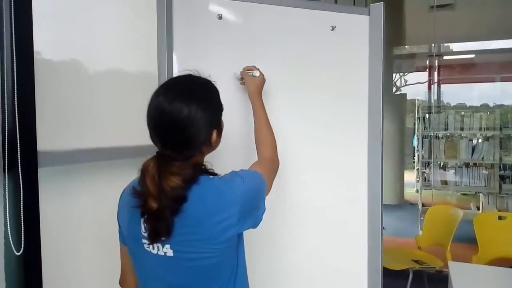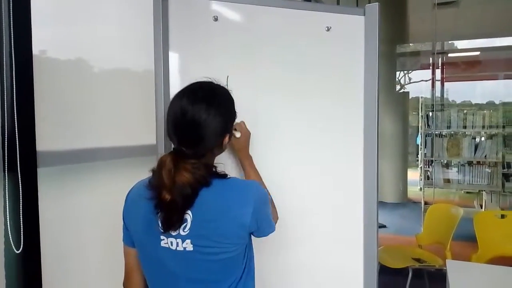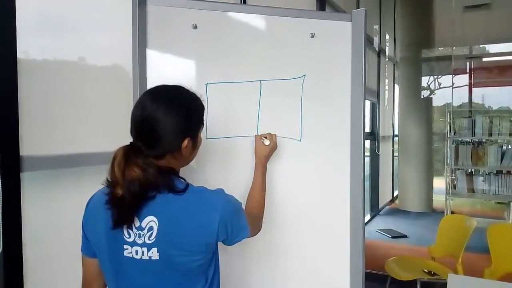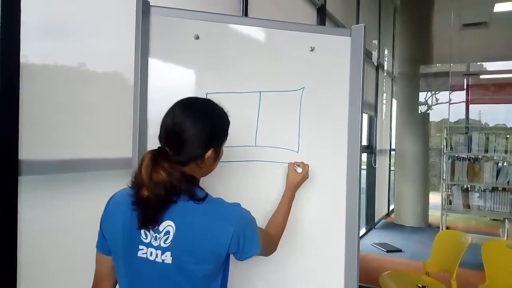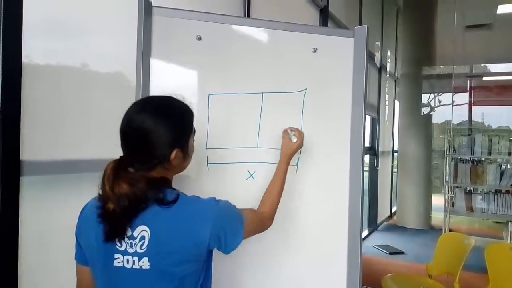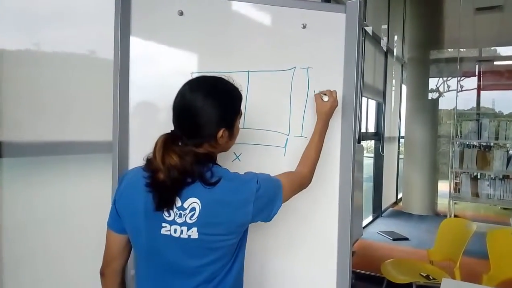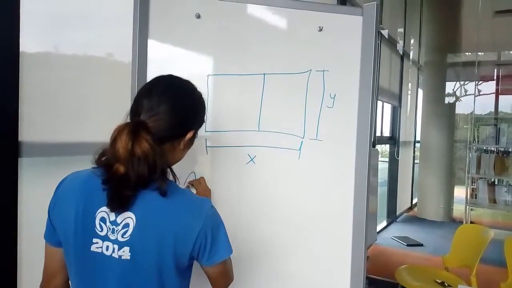In order to solve the problem, at first we draw a rectangle that represents the field which the farmer wants to delimit, divided in half as the problem says. In this rectangle we will have two distances. The distance x represents the length of the rectangle, the other distance y represents the width.